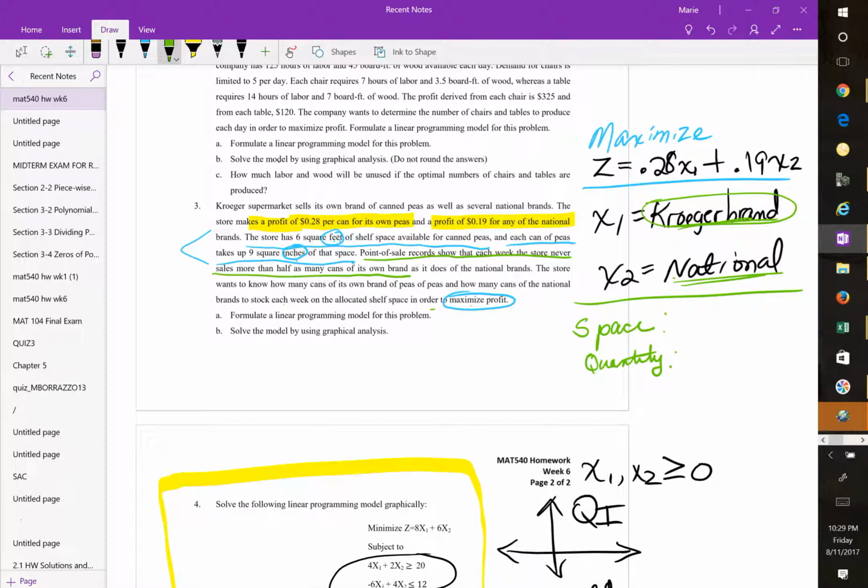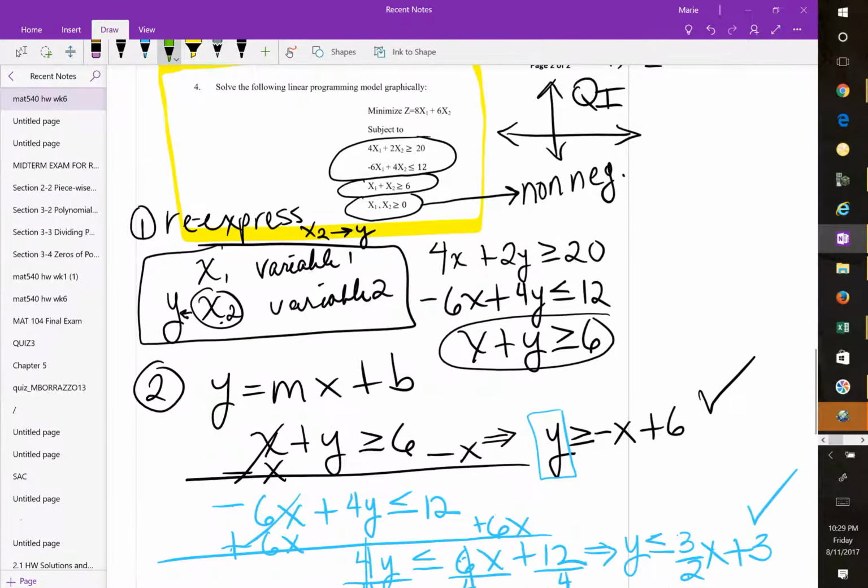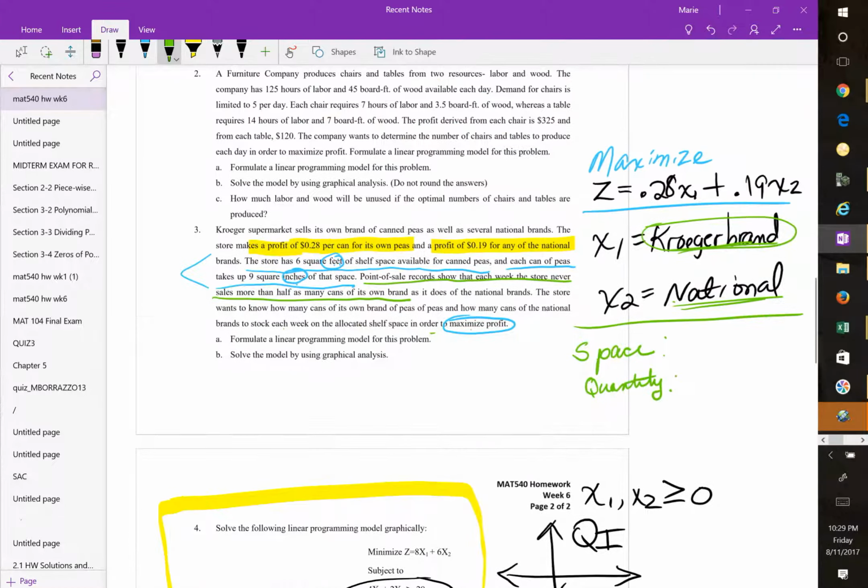You're going to follow the same graphing skills that I showed you down here, so the graphing doesn't change, where you would have to convert each of these equations to y equals mx plus b. Okay? And so you would do that for the two constraints, which you need to come up with. I'm not going to do them for you. I was giving you too much information as it is already.